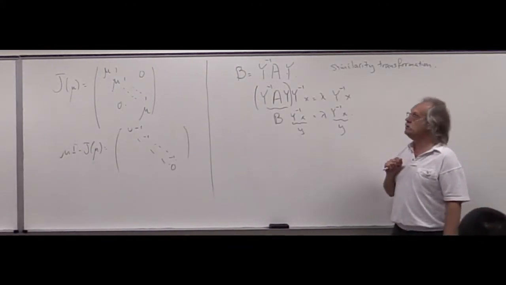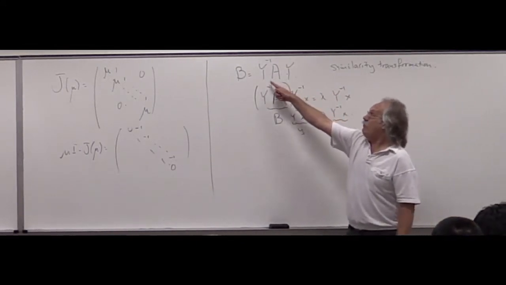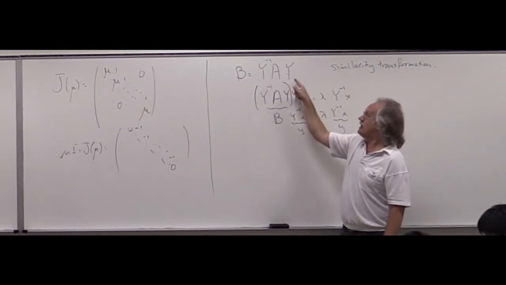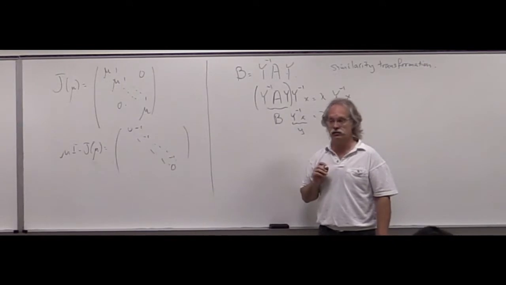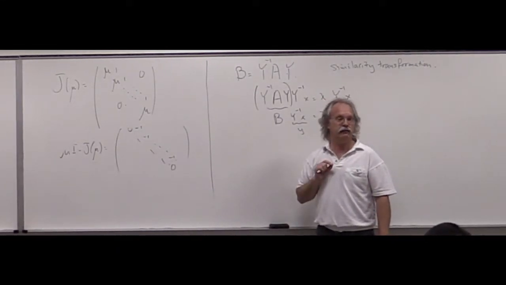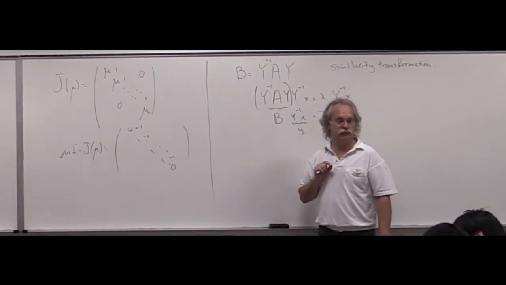Okay. So what does this mean? It would be great if we could find a matrix Y such that this here becomes a diagonal matrix or an upper triangular matrix, because then we could just read off the eigenvalues on the diagonal and we would be done.